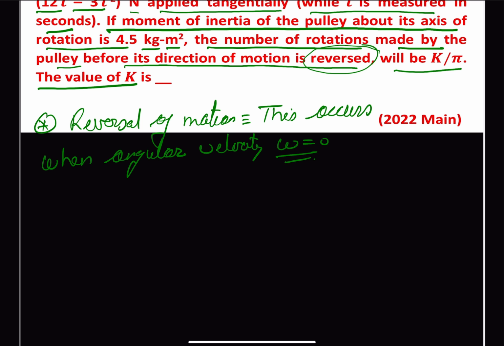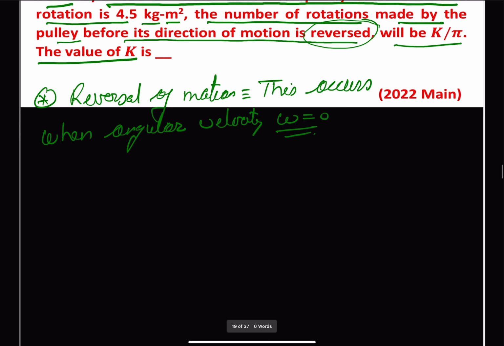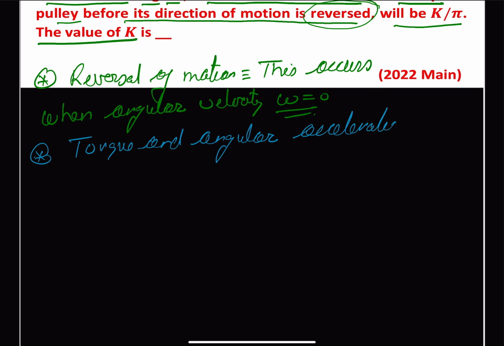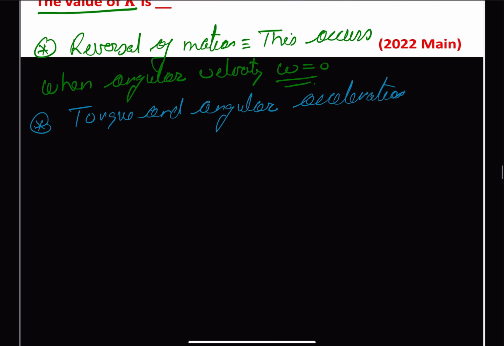So obviously the force is tangential, so there will be a torque and that will result in an angular acceleration. So let us first of all find out the torque and the angular acceleration. Torque will be our tau.